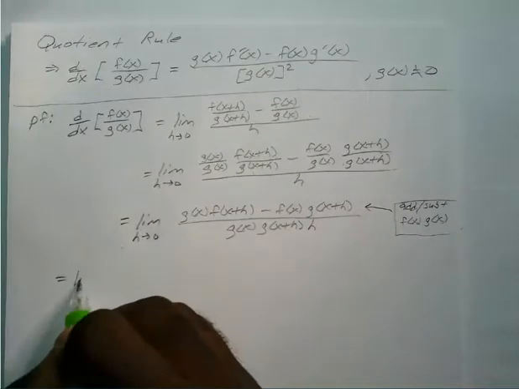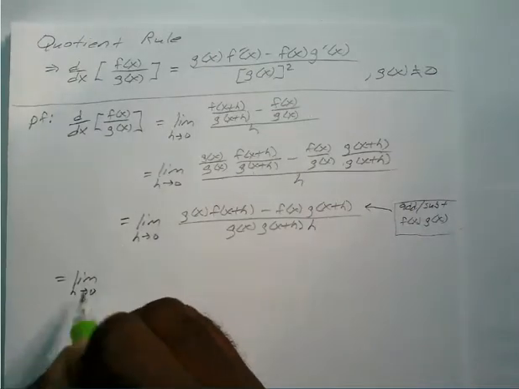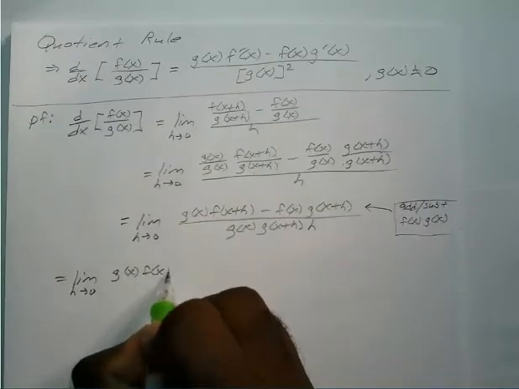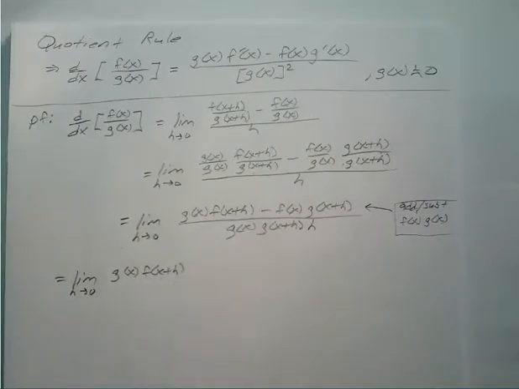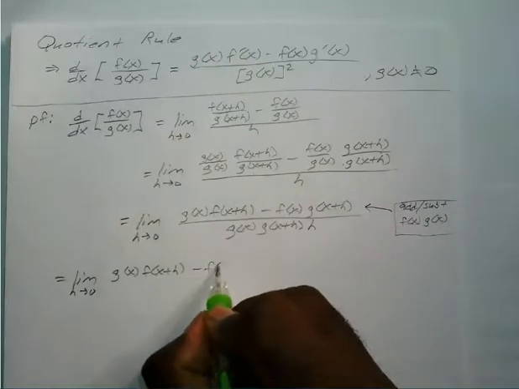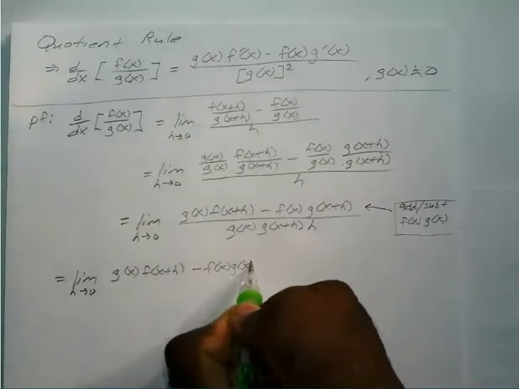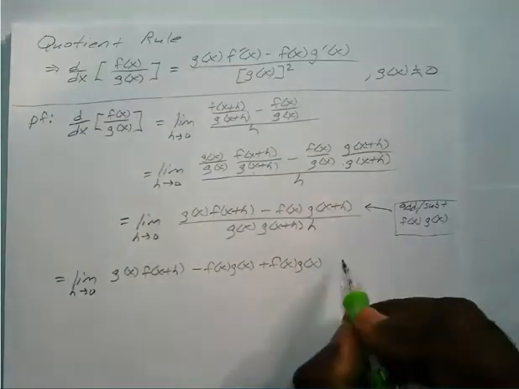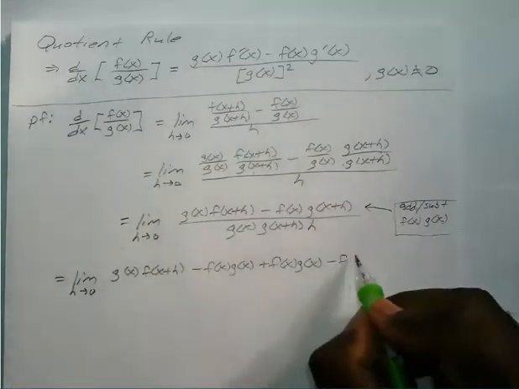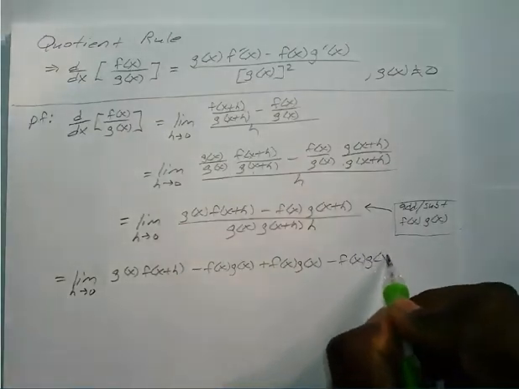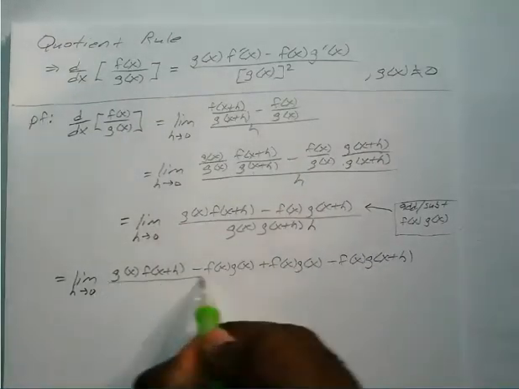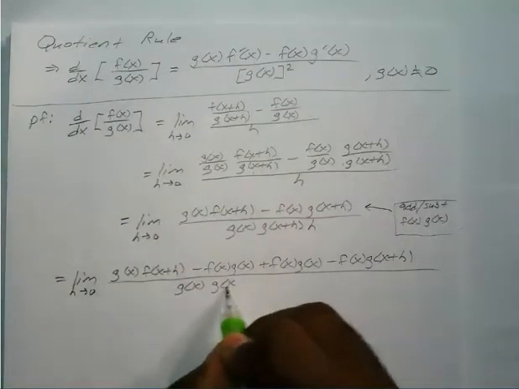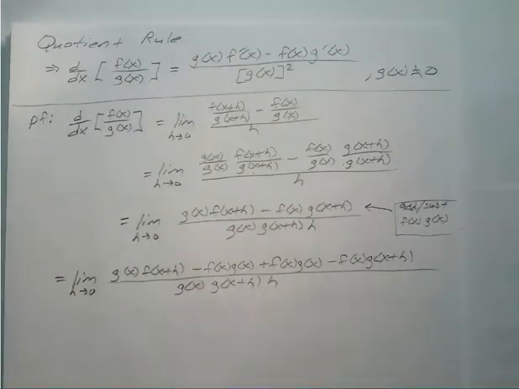That's going to equal the limit as h approaches 0 of g of x times f of x plus h, so it's minus f of x times g of x plus f of x times g of x, and minus our f of x times g of x plus h all over g of x times g of x plus h times h.